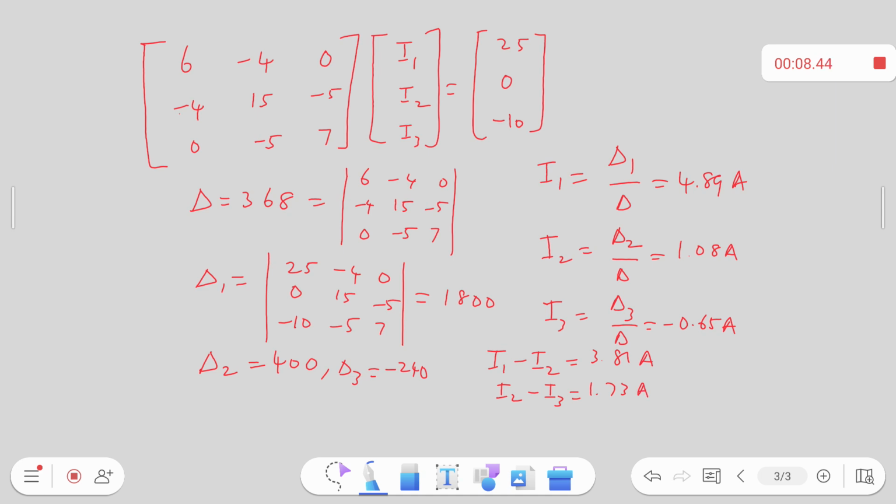So now we have all the branch currents calculated using mesh analysis. If you go for nodal analysis, you have to apply Kirchhoff's current law.